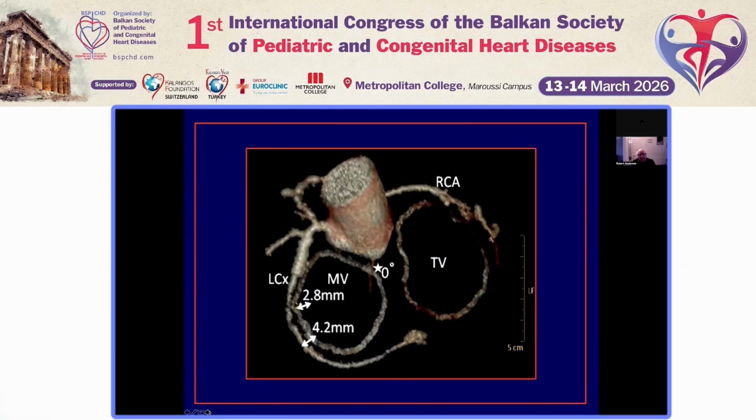However, when it is the left coronary artery, in particular the circumflex artery, that is dominant, then the artery is much closer to the junction, and in some circumstances, as you see here, it can come within 3 millimeters of the hinge of the mural leaflet of the mitral valve.